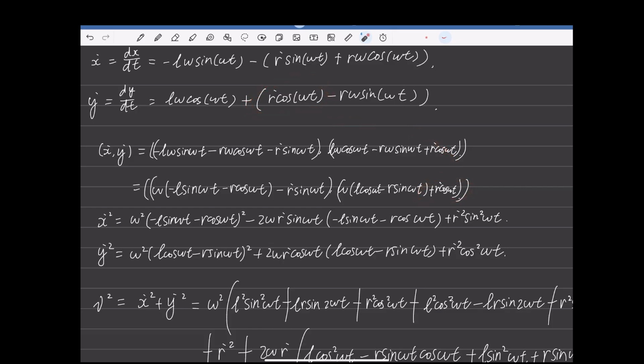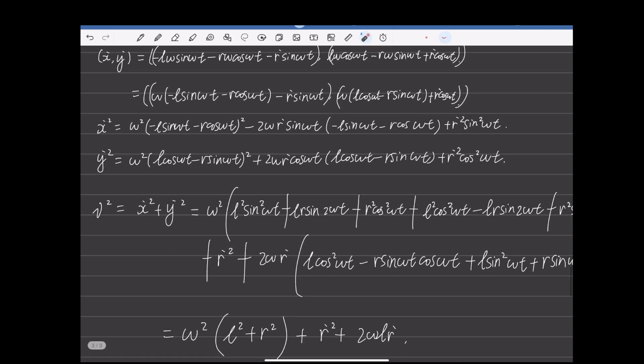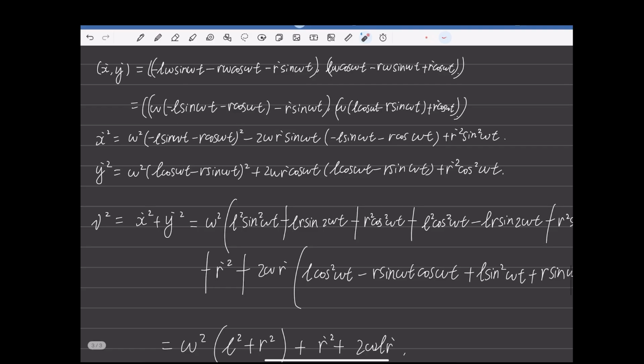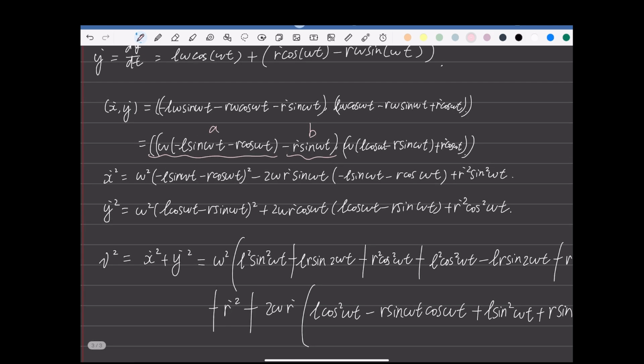And next we can basically square it. Let's square the x dot term first, this term here. Let's call this a and this the b term. We're trying to do a minus b squared, right? So it's basically a squared minus 2ab plus b squared. What's a squared? A squared is omega squared, and this bracket squared.